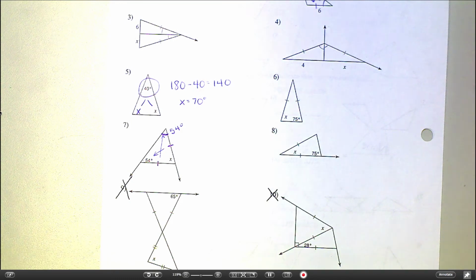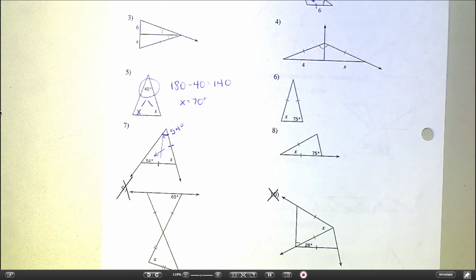So now how do I find x? Nope. 54 plus x. I thought you were going somewhere with that.